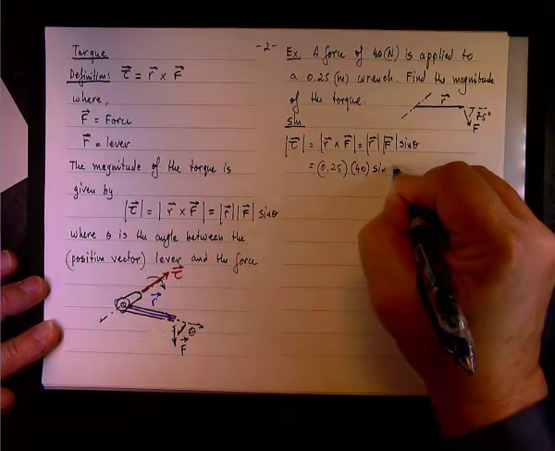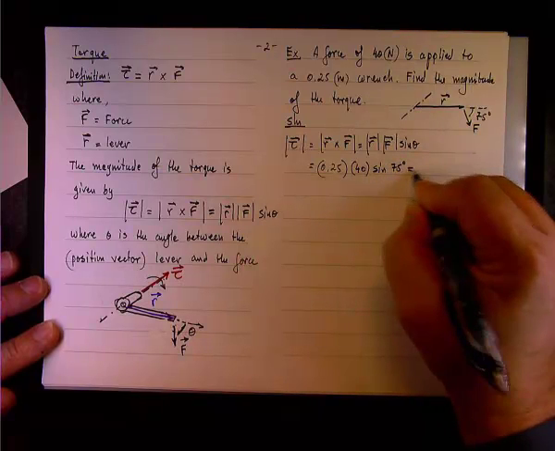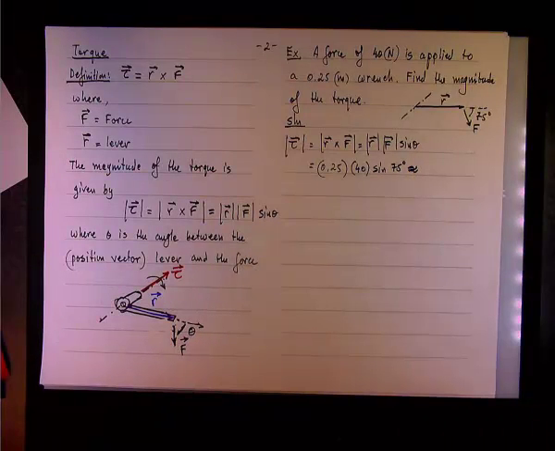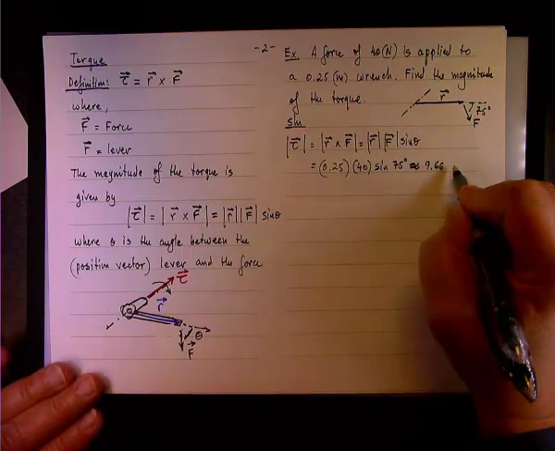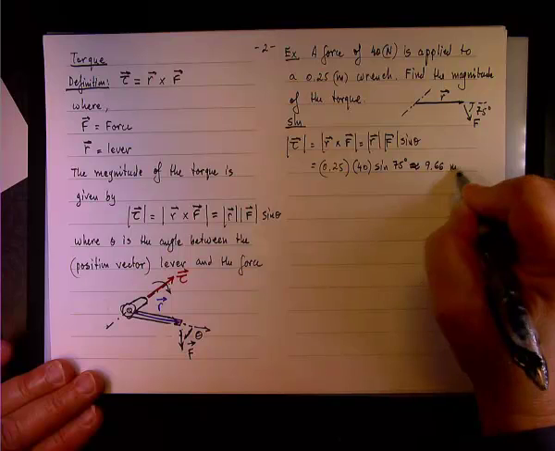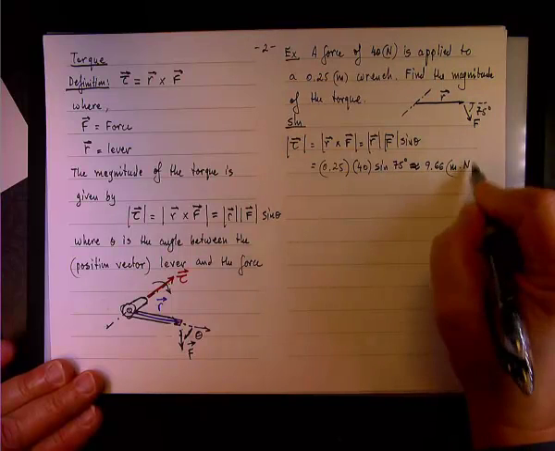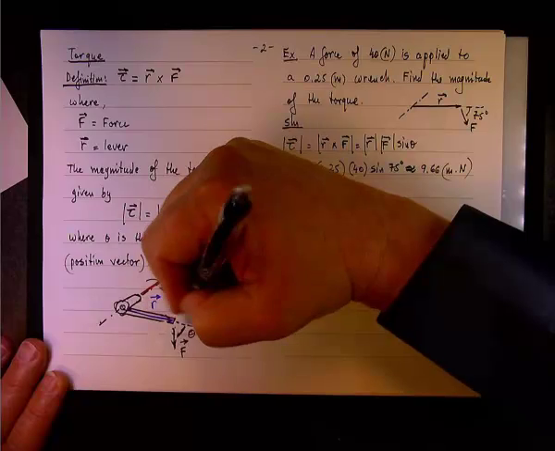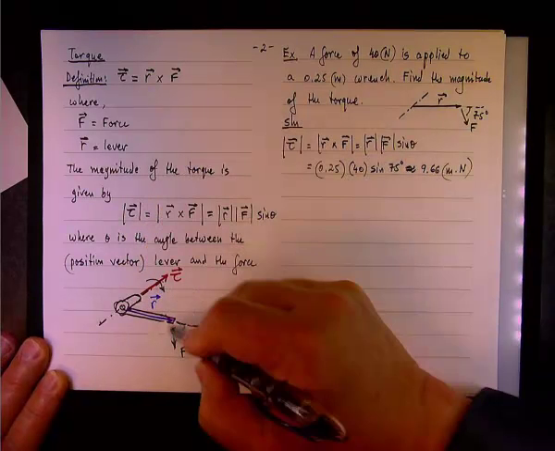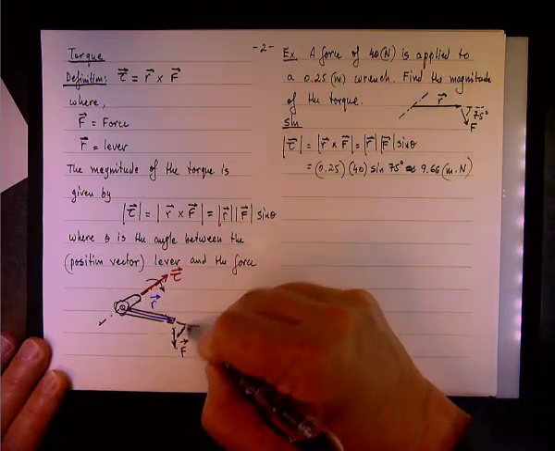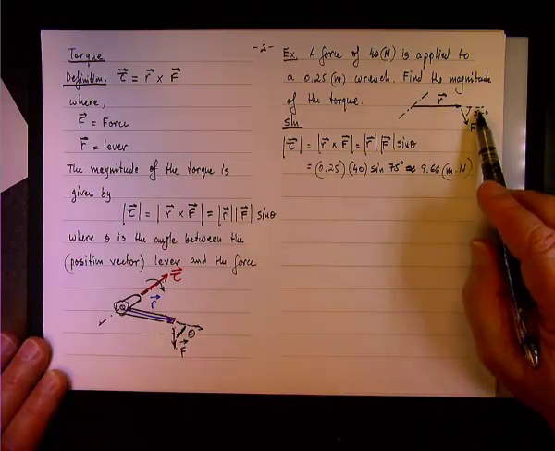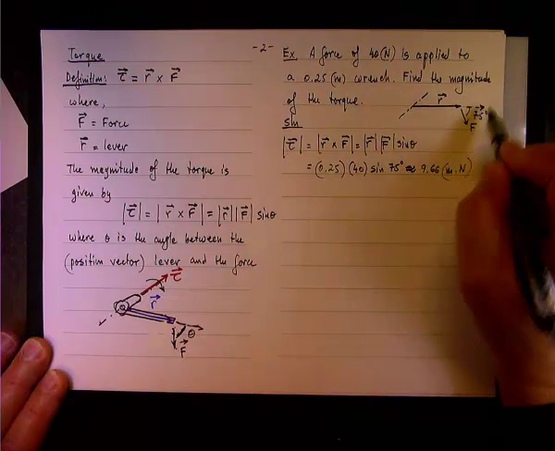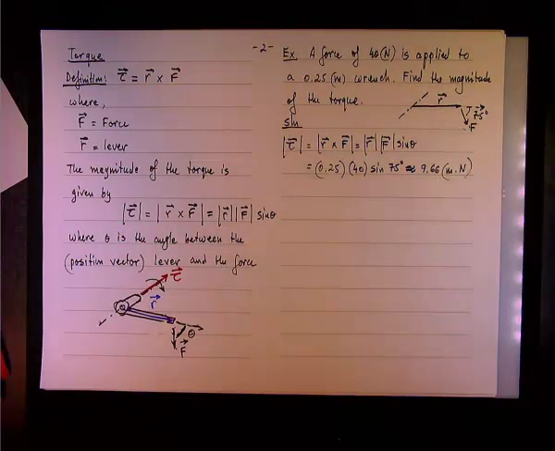So it's straightforward. R is 0.25, so we have 0.25 times 40 times sine of 75 degrees. The rest is just simple calculation. So where is theta located?